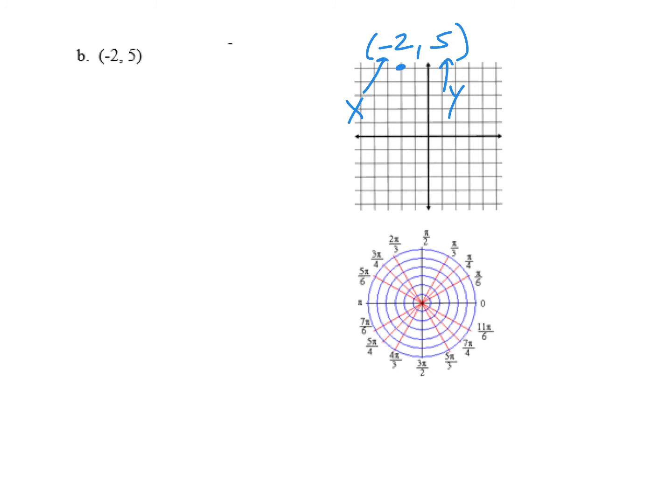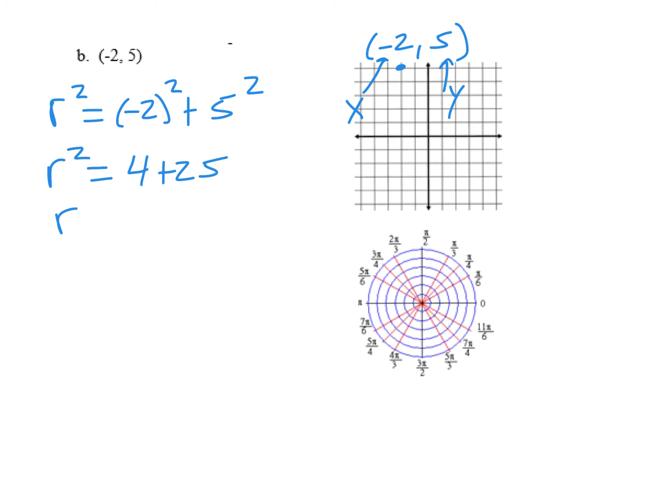I'm going to follow really similar steps. We'll start with R. Just a bunch of number crunching at this point. Remember, R is always positive, so when we take the square root in this case, we don't have to worry about that negative case. That's never going to be our answer.